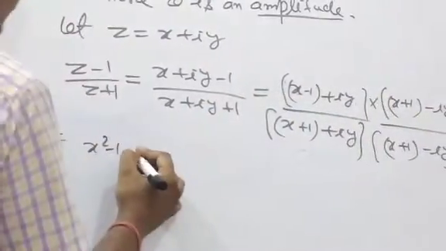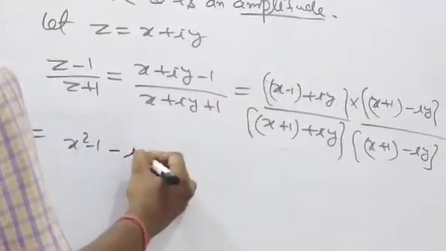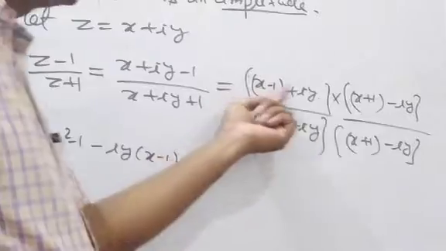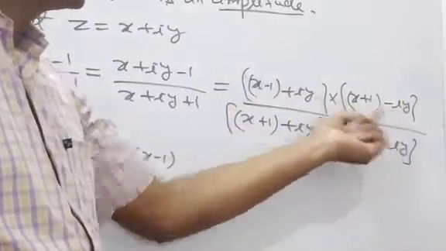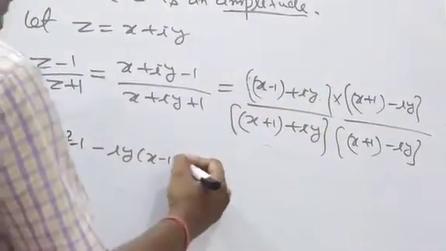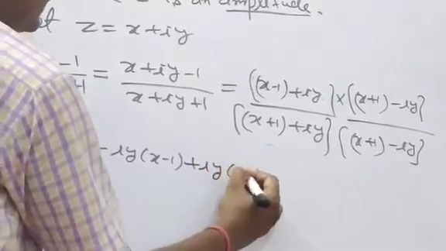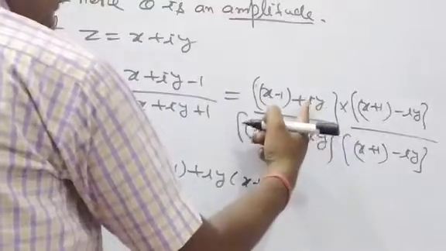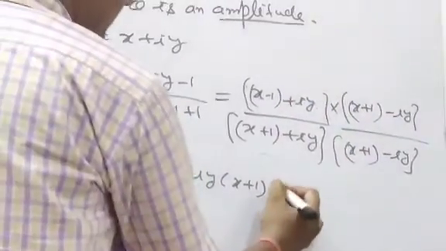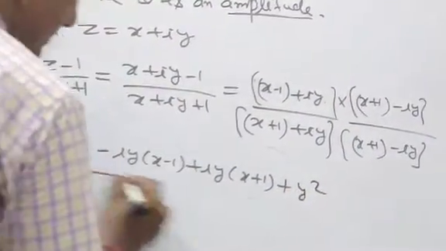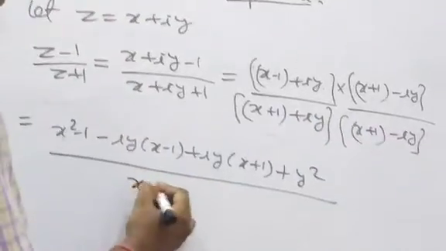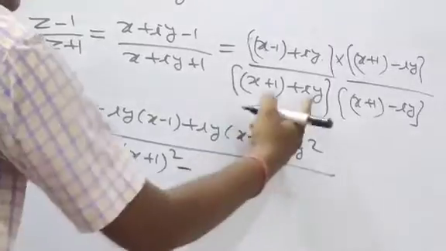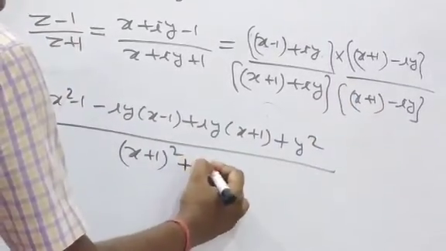This into this minus iy in bracket x minus y, and this into this, iy x plus 1, plus, into minus minus, i into i square means minus 1, and y square. Whole upon x plus 1 whole square plus, into minus minus, i into i square means plus 1, y square.